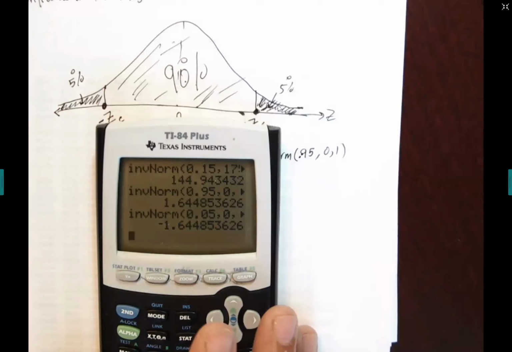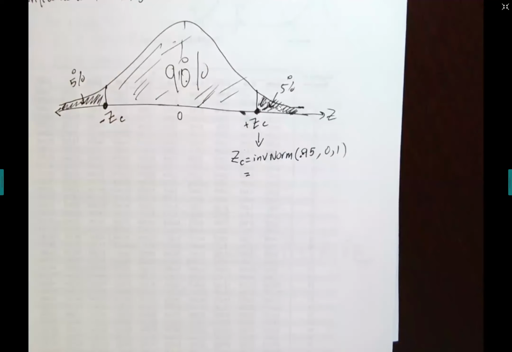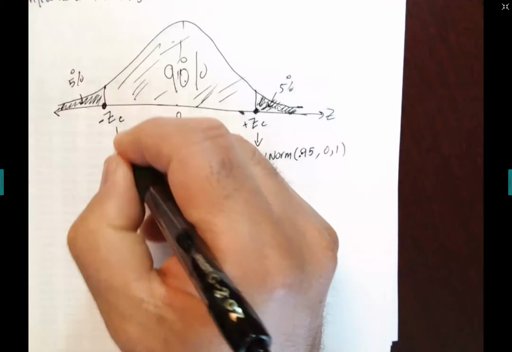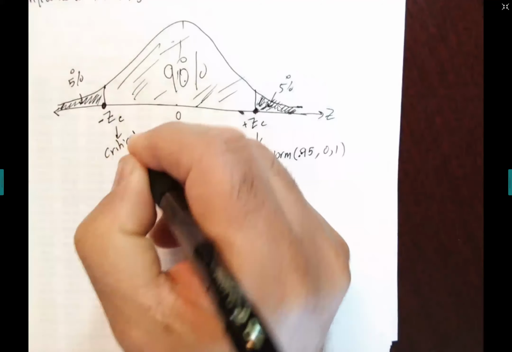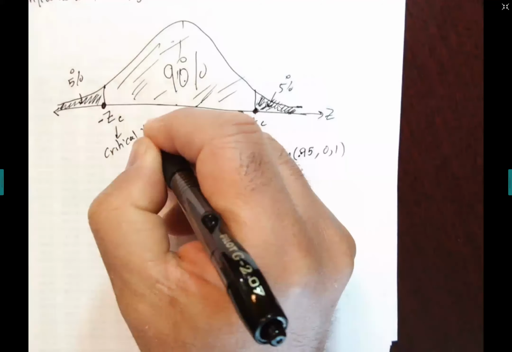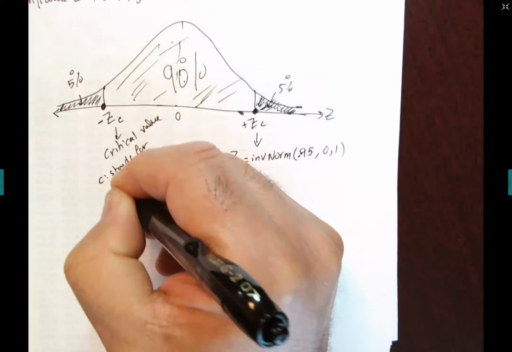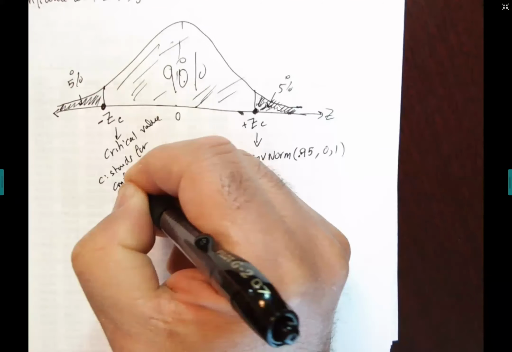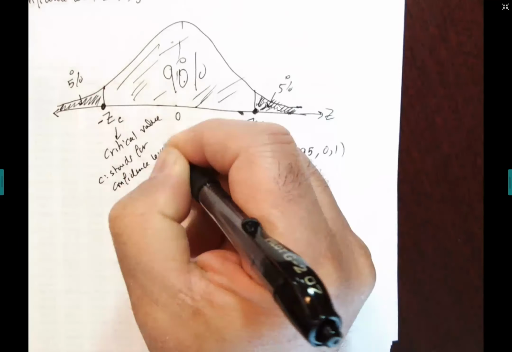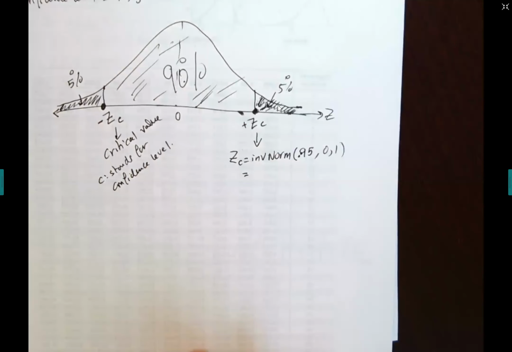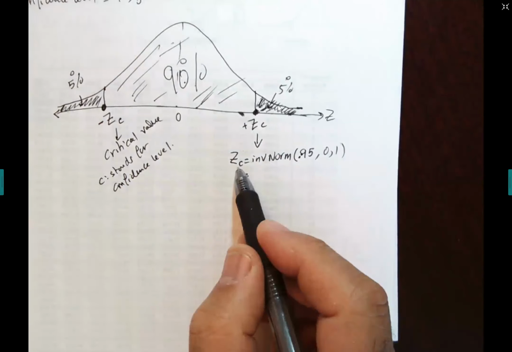So this is how you find the critical value, which is called Z critical value. And C stands for confidence level. That will always be given to you. So we found Z, guys, now we can find the interval.